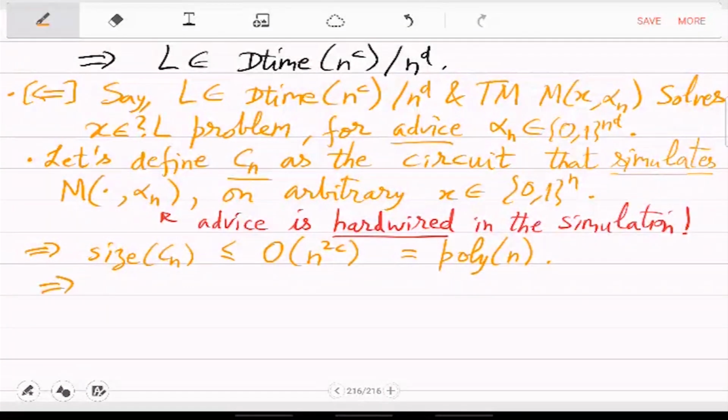So this means that we have shown that L is also in P/poly. It has poly-sized circuits, which means that we have shown both sides, left hand side and right hand side, are equal.